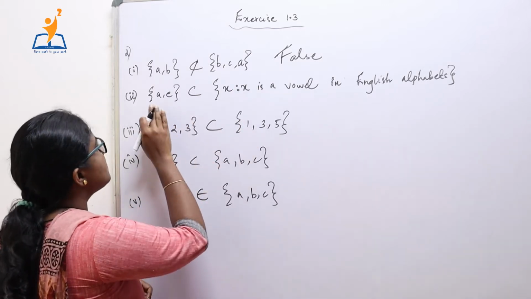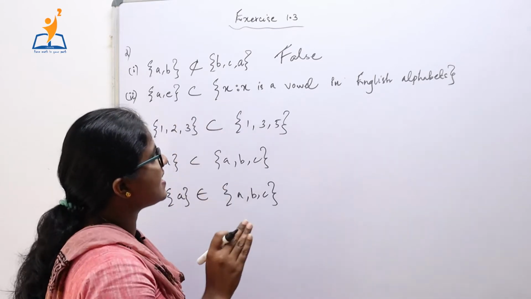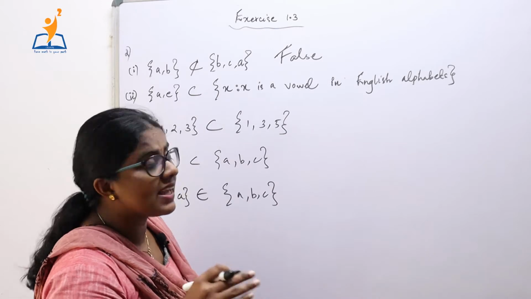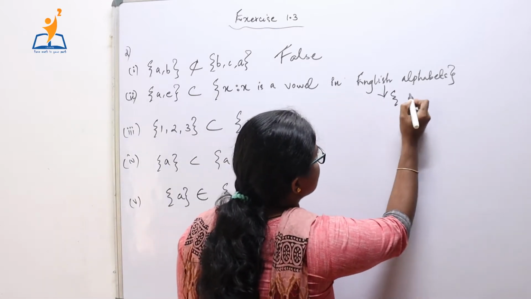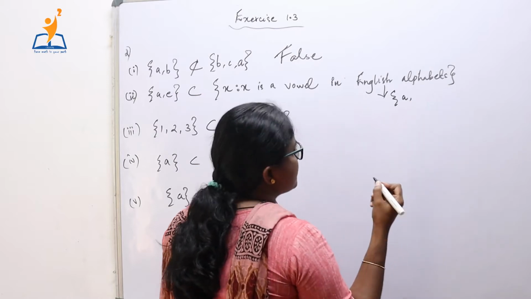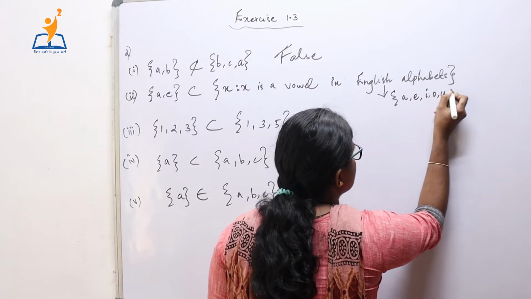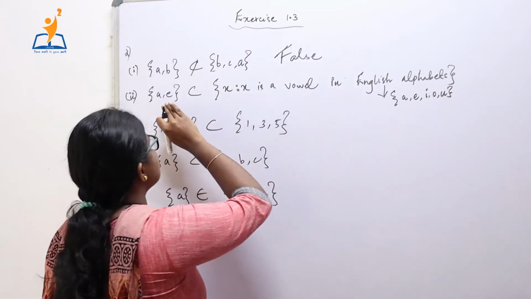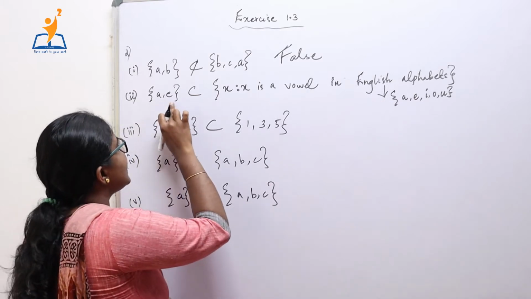Now next question, the set AE is a subset of the set of all x such that x is a vowel in the English alphabet. So which is this particular set? This particular set is the set of vowels in the English alphabet, and the vowels are A, E, I, O and U. So let's check whether this set is a subset of this set. We have A and E here.